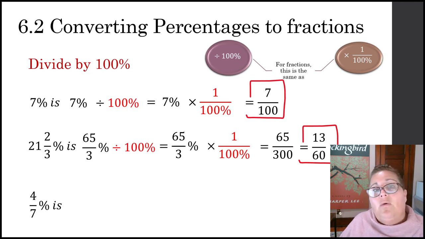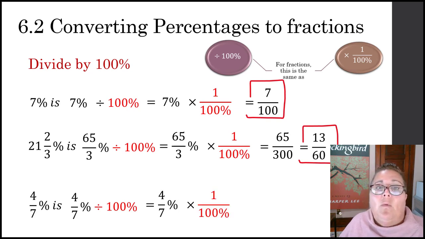Okay? So to convert this number from a percent that is a fraction to just a solid fraction, no percent sign at all, I want to eliminate the percent symbol by dividing by 100. So I'm going to take 4/7% and I'm going to divide by 100%. That is the same as multiplying it by 1 over 100%.